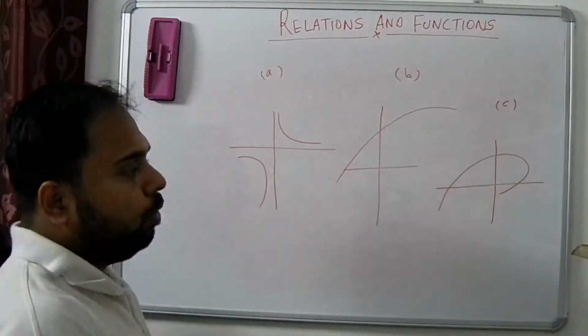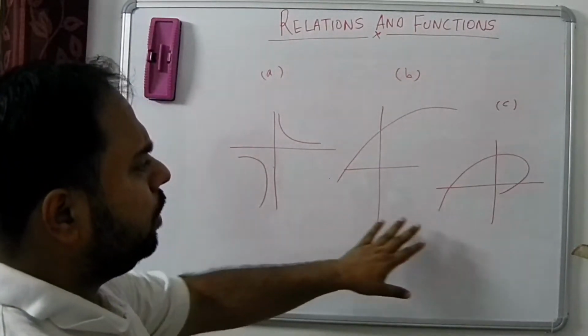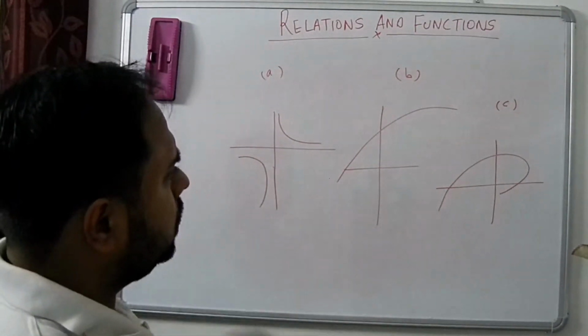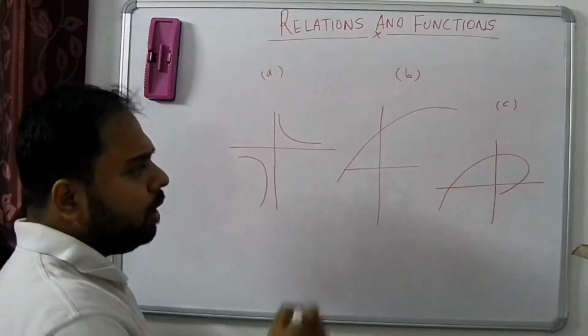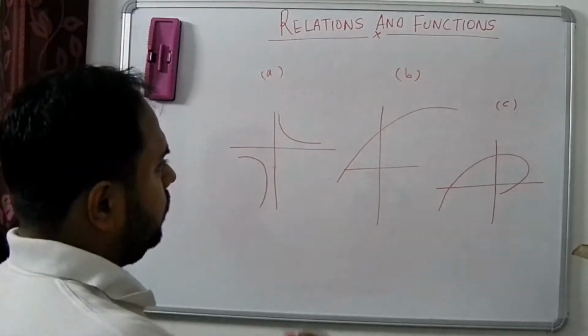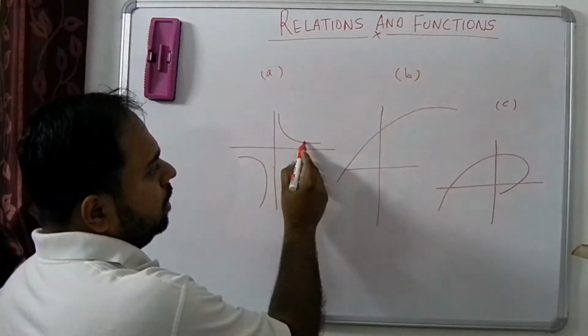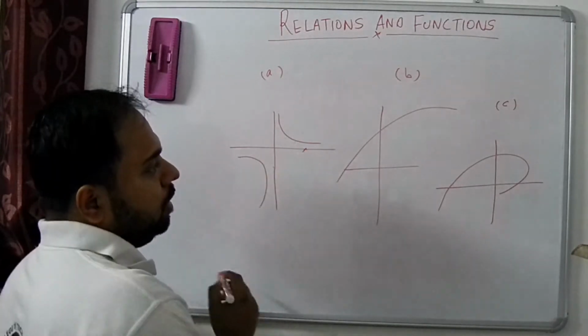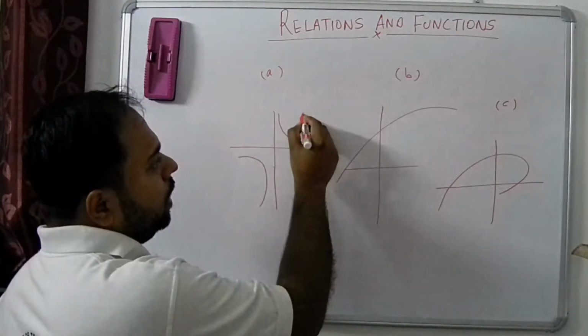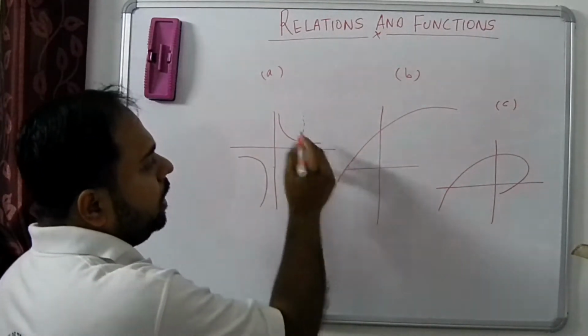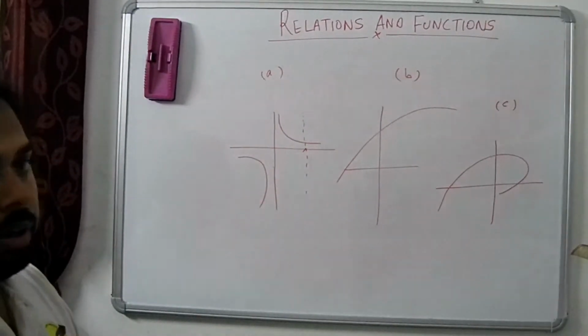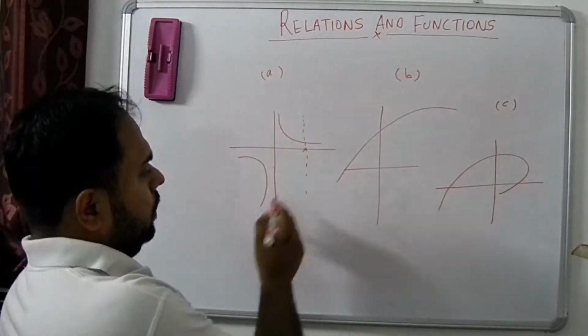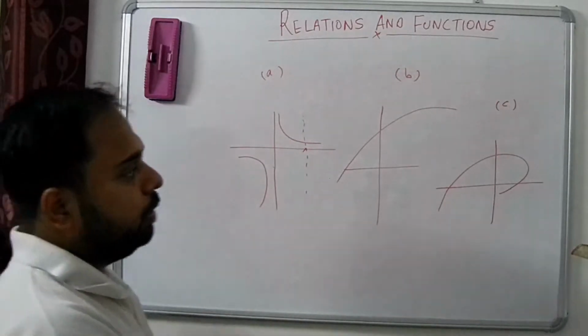What I know is for a function, real values are being plotted. The only thing is, if I draw a line parallel to the y-axis, checking the value of the function at this point, it should cut the function graph at only one point. Because the moment it cuts at two points, I'm getting two values, right?